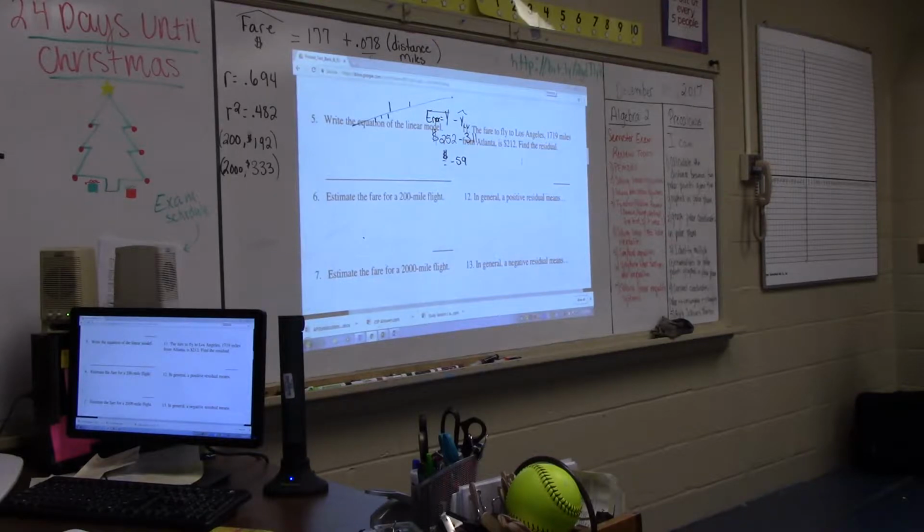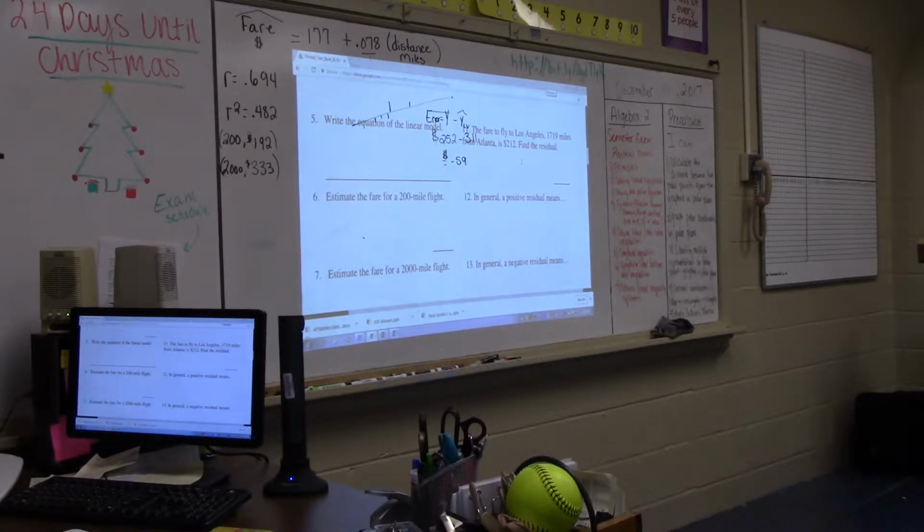What's the one final way that you know beyond a shadow of a doubt that your line is linear? If you're in doubt as to whether or not you truly have a linear fit, what's the one last thing you do to check that?